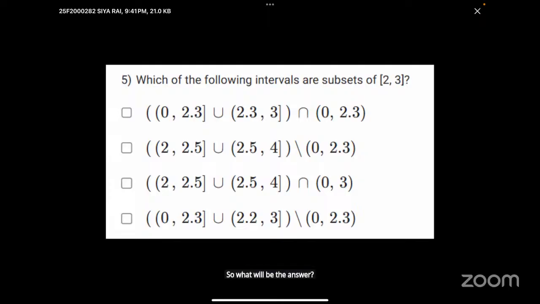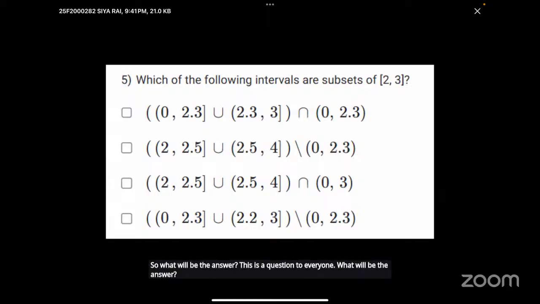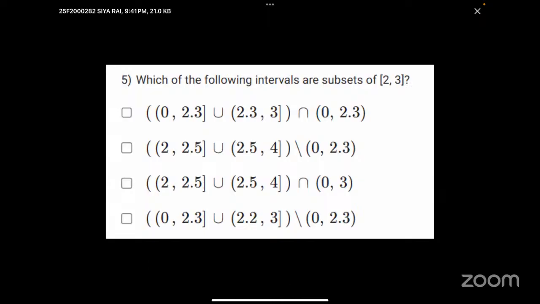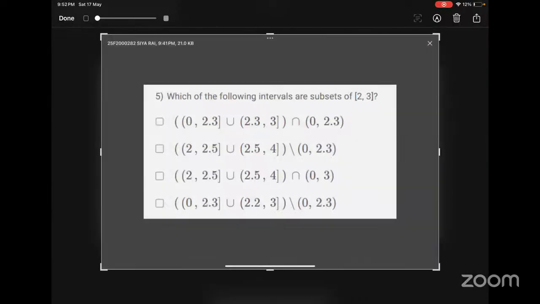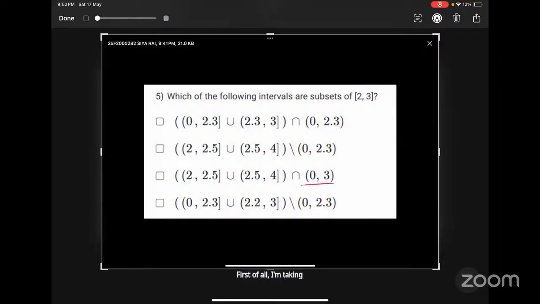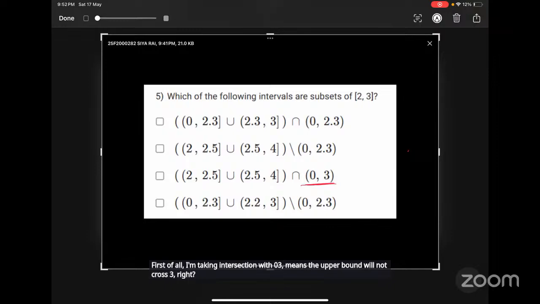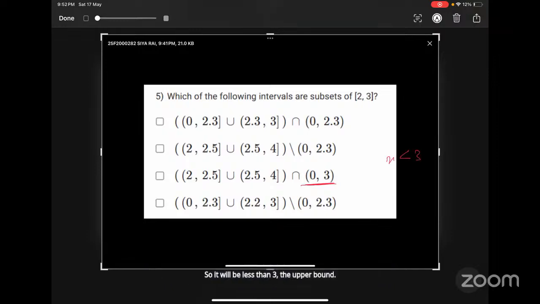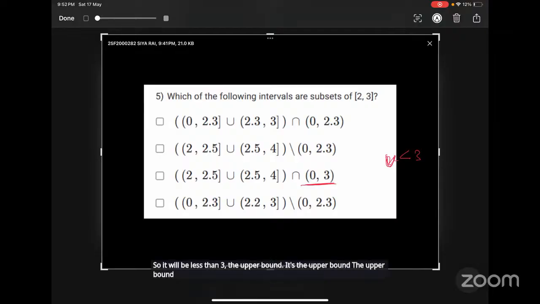This is a question to everyone. What will be the answer? First of all, I'm taking intersection with (0, 3), which means the upper bound will not cross 3, right? So the upper bound U will be less than 3, because we are taking the intersection. Now let us check this set.